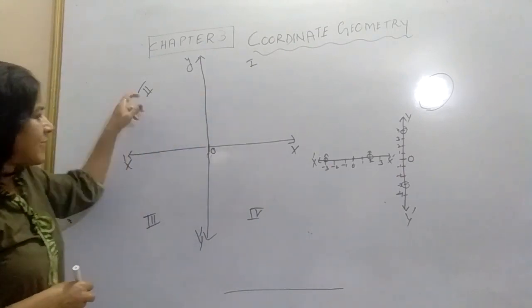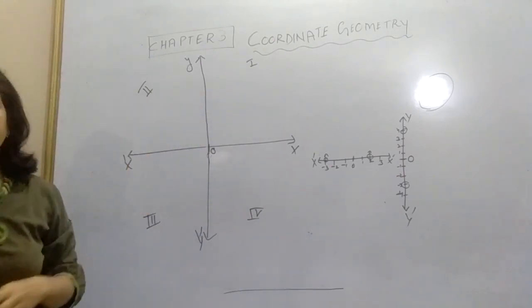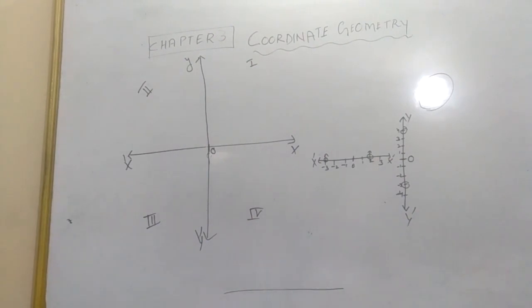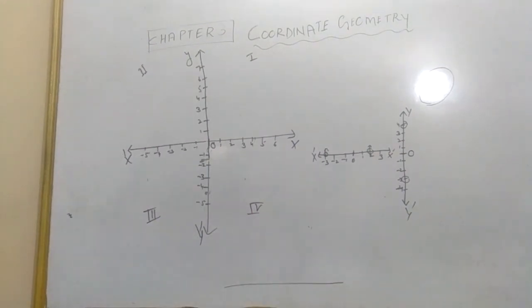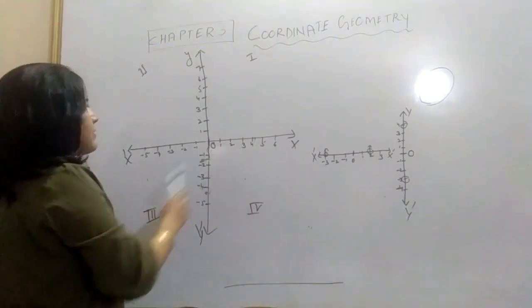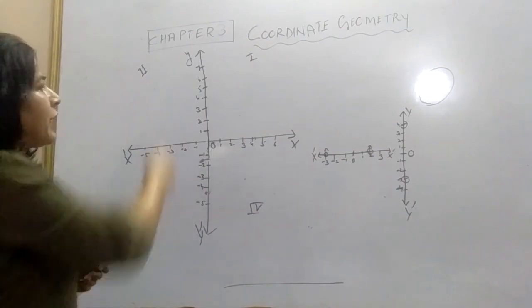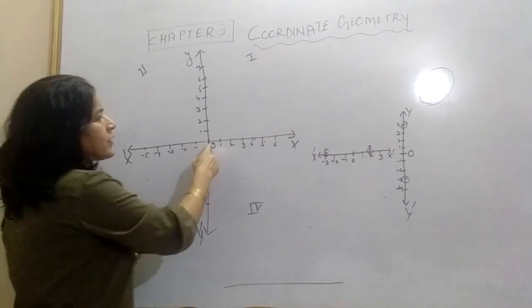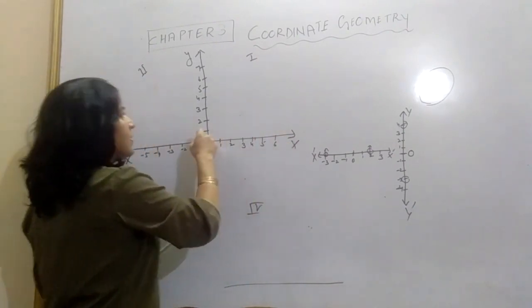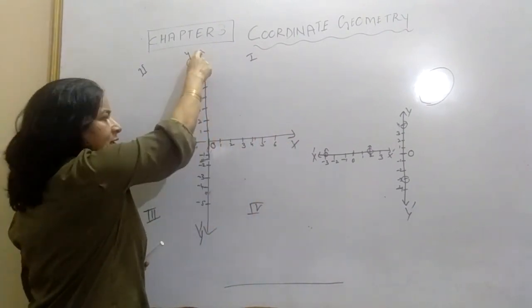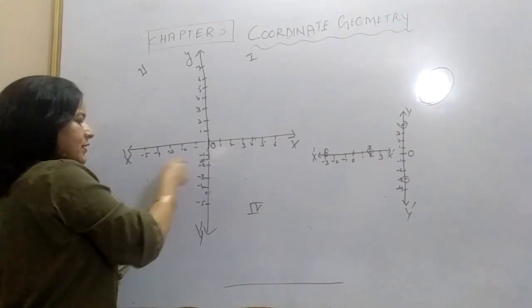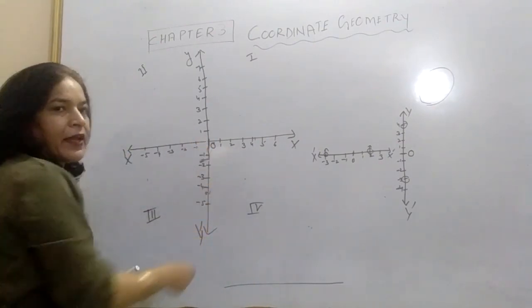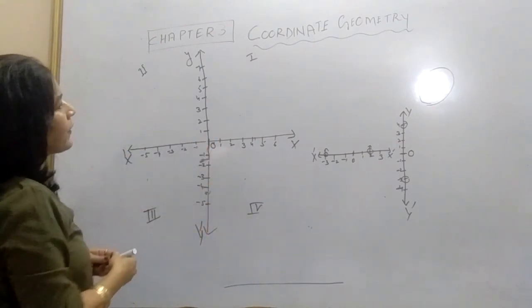This is the first quadrant, second, third, fourth. Now this is the positive x-axis, positive y-axis, negative x-axis and negative y-axis.